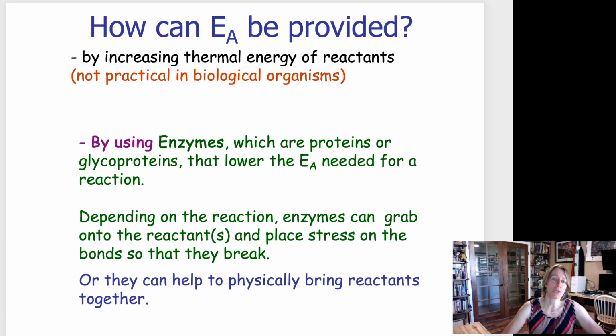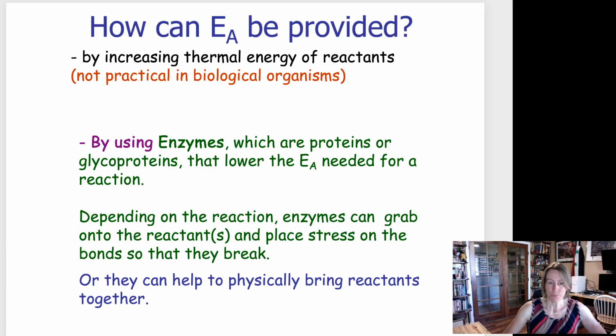We use special chemicals called enzymes, and enzymes are protein molecules that actually lower the activation energy that a reaction needs to get going. So they lower that hump. Instead of having to go over a hump that's this high, which means you have to heat it up this much, they make the hump only be this high, so you only have to heat it up this much. So they make it so that the body temperature is warm enough to get over that hump.